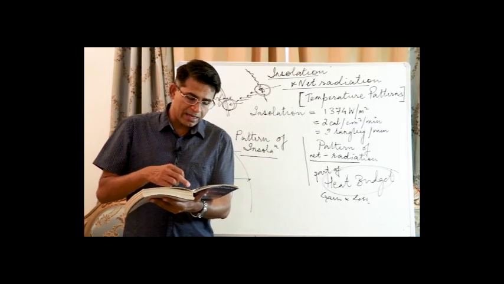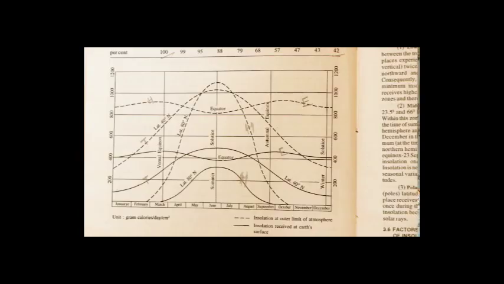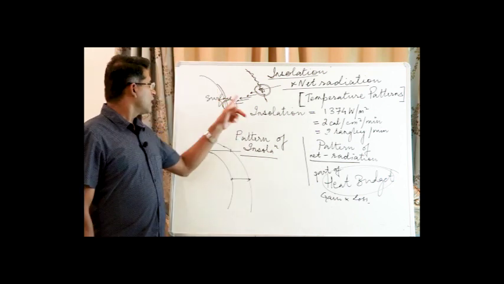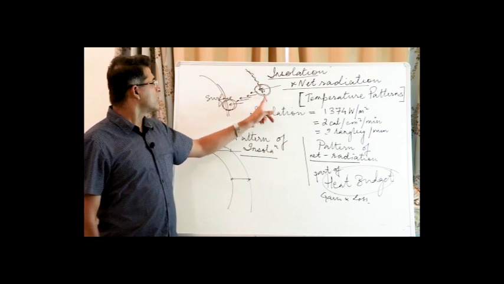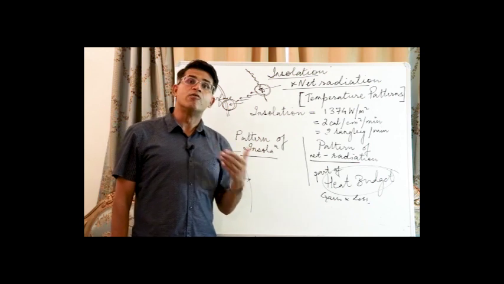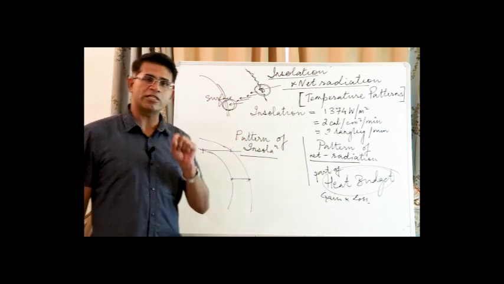Compare the three solid lines, the solid line E, the solid line T, and the solid line H. What you find is the highest value for the solid line is for the subtropical, tropical latitudes, which is maximum on June 21st, which means the insolation received at the outer atmosphere is maximum at the poles, but having accounted for the losses, the maximum insolation received at the surface is for the subtropics.